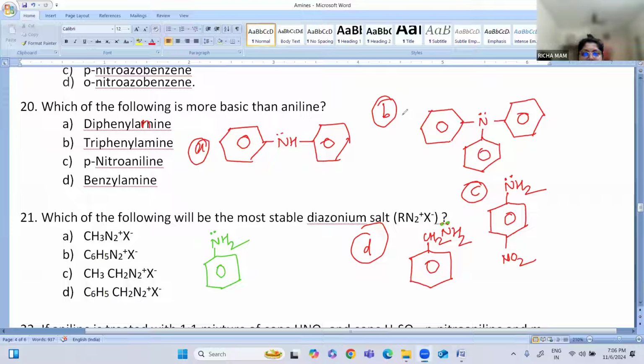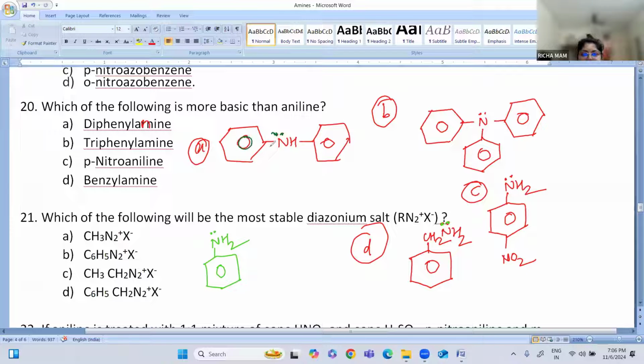Bhuvan has answered as electron withdrawing group. Okay, so when we see option number A, what will happen? The electrons from the nitrogen will be delocalized, but where?